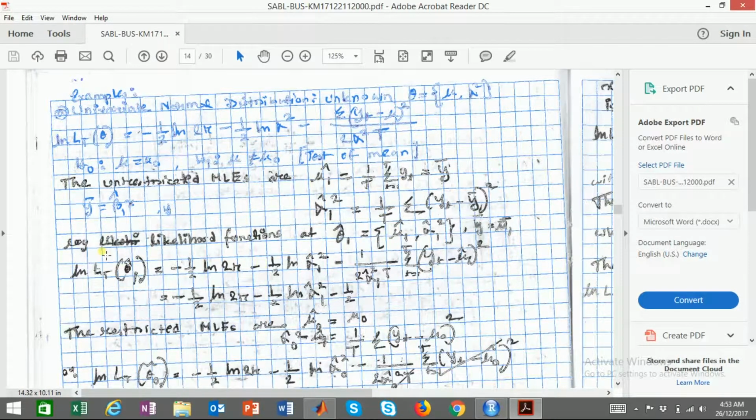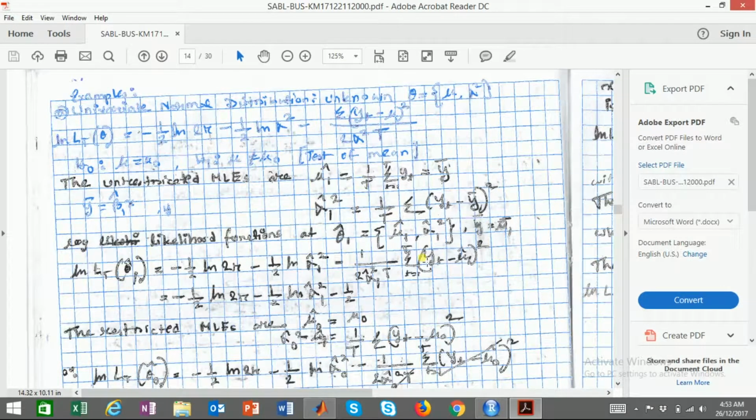So the log likelihood function at theta 1 is at mu 1 and sigma 1 square. So the log likelihood function of theta 1 is minus half log 2 pi minus half log sigma hat square, because it's an estimated parameter, and simply exactly the same as yt minus mu hat.